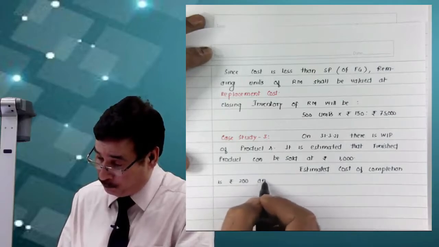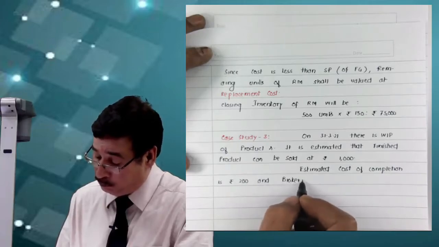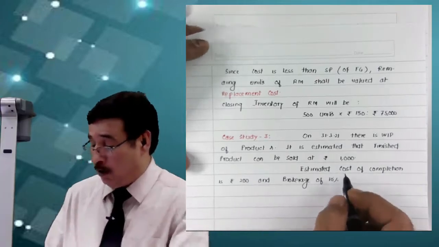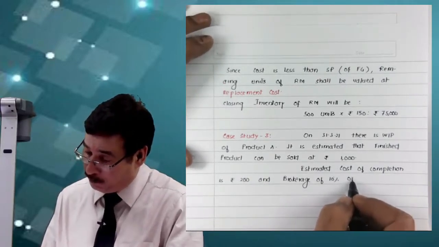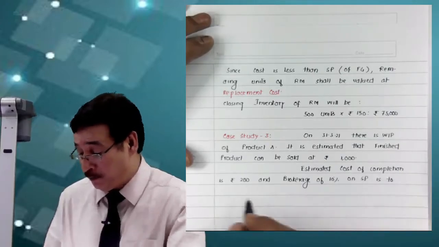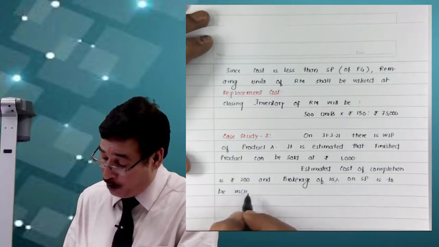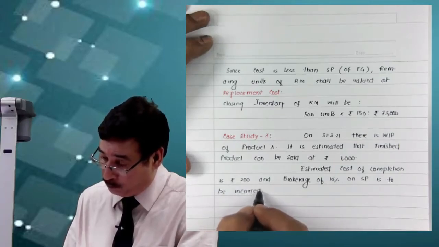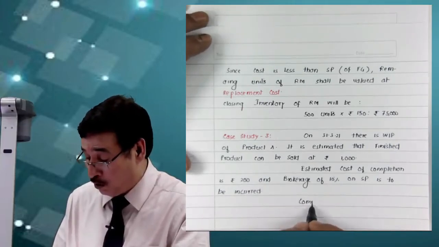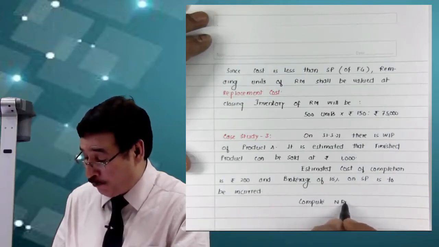And brokerage of 10% on selling price is to be incurred. Compute NRV of work in progress.